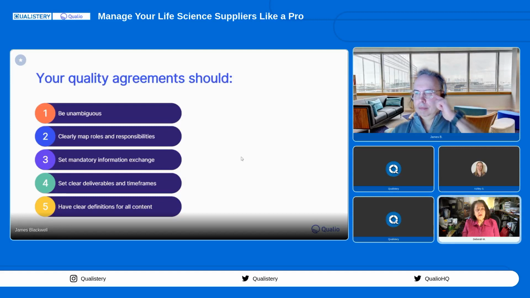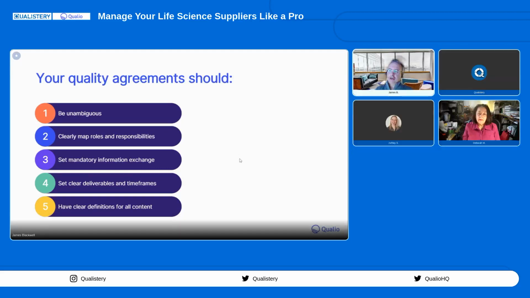Do they give you enough time when they make a change for you to analyze it and react? And again, clear definitions of all content. That's the vocabulary and the understanding of the words the same way, which sometimes you won't find out until it comes up after the quality agreement is approved.